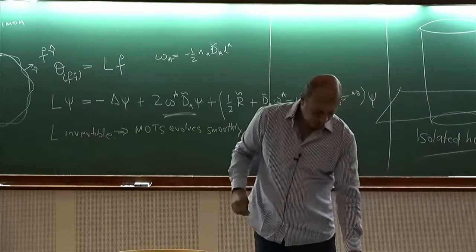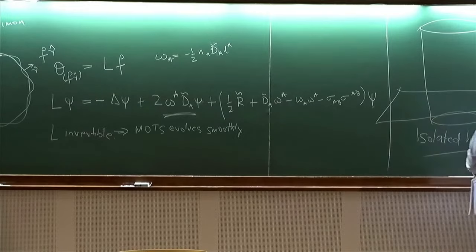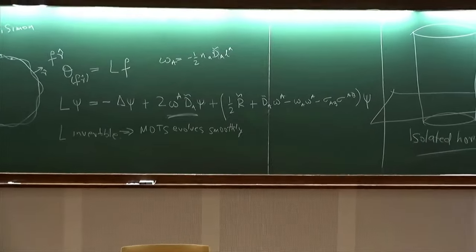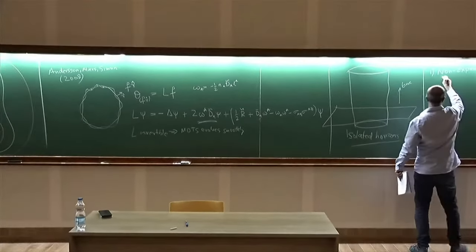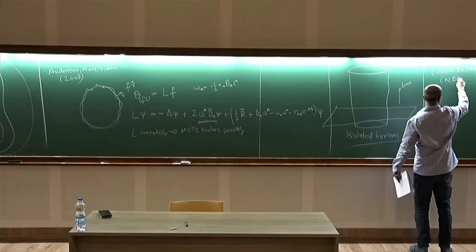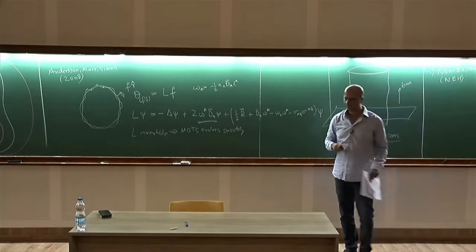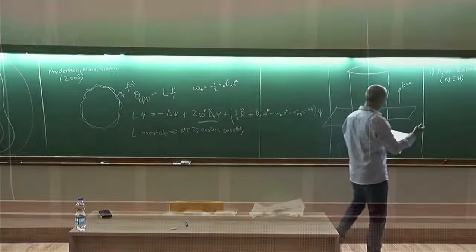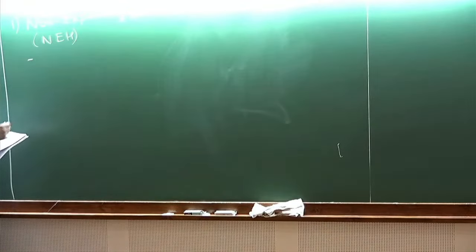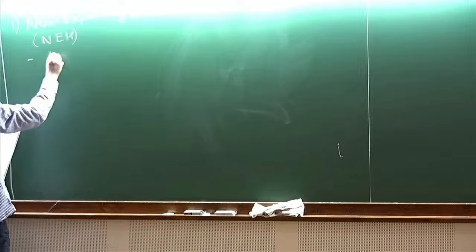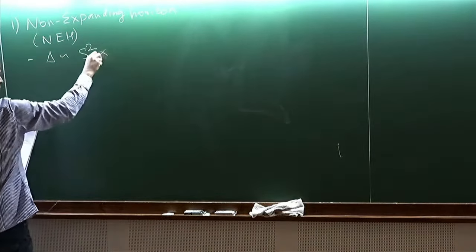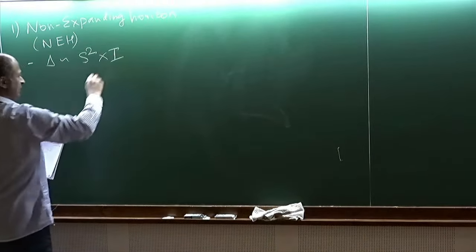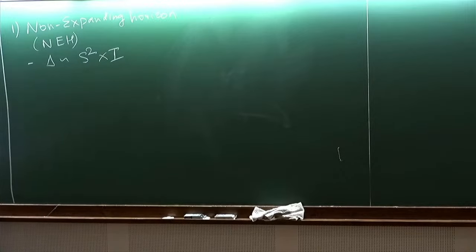So the first definition is what is called a non-expanding horizon. We'll call that always NEH. So this is a three-surface. Let's call the surface delta. So delta has to have topology of a sphere cross, let's say, some interval of the real line, and it has to be null.